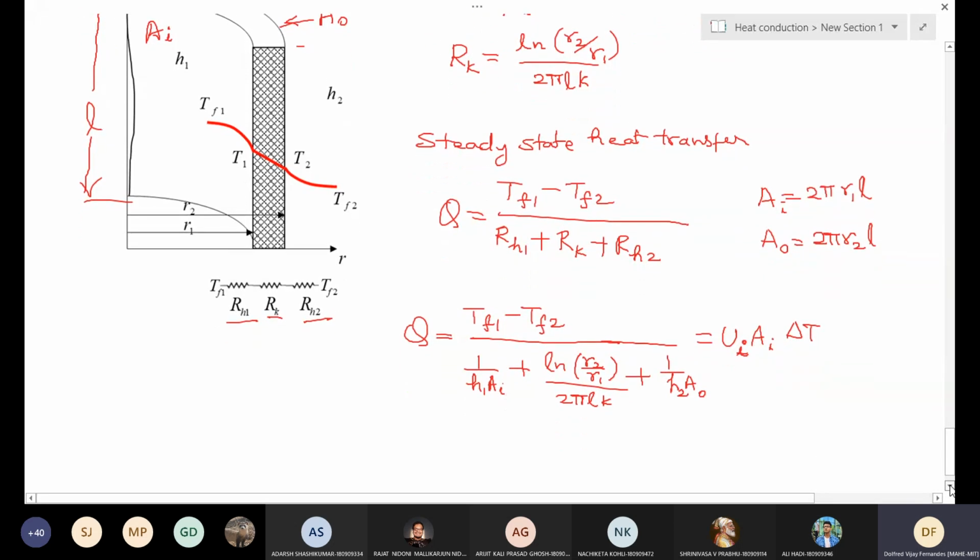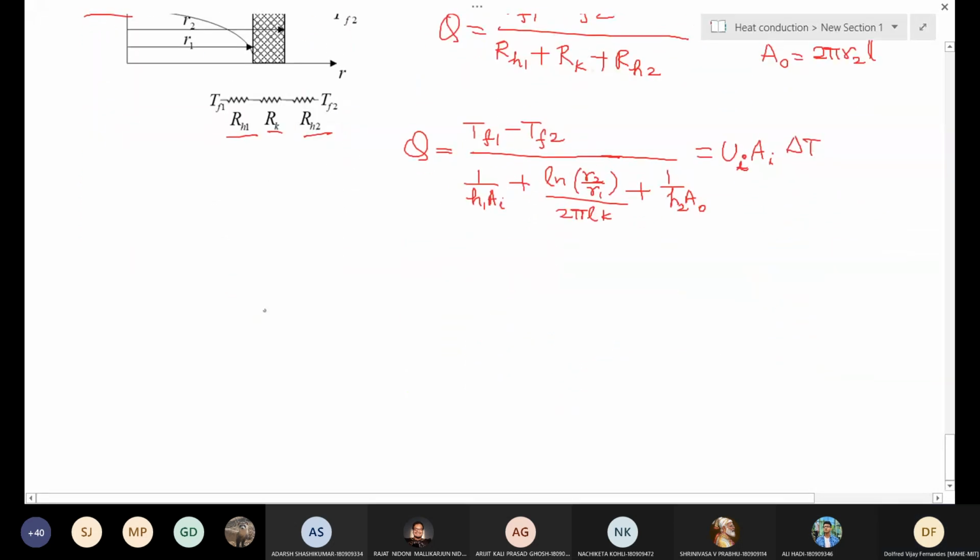So what is my Ui? Tell me. 1 divided by 1 by h1. Since I have taken Ai outside, I should multiply Ai here, then ln R2 by R1 divided by 2 pi L k.